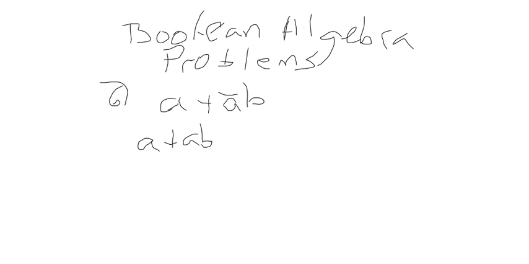The absorption law says A or AB, without the not. You can factor an A out of that, and anything or 1 is 1. So the expression inside the parentheses equals 1.